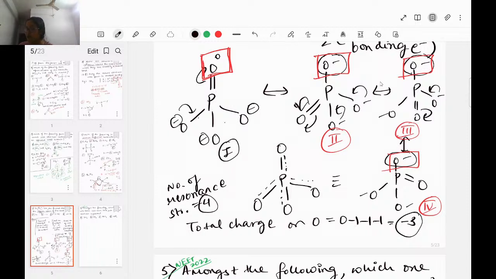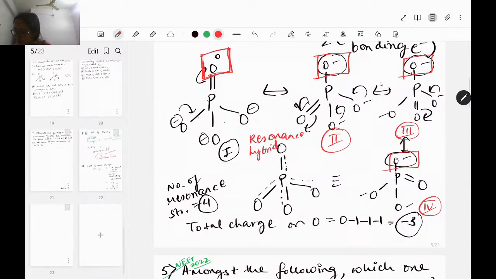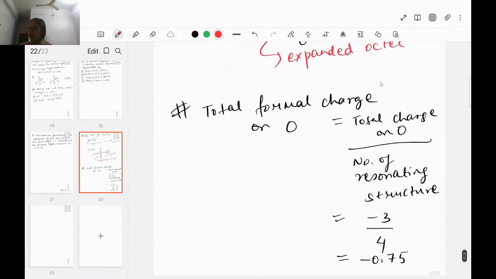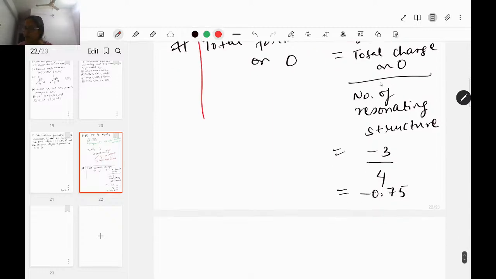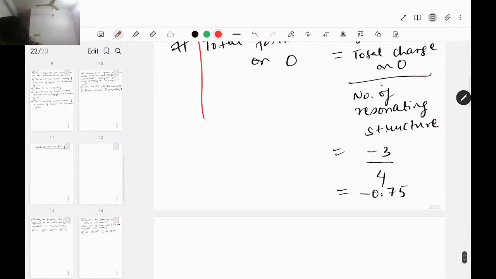Because the actual structure of phosphate is this resonance hybrid. The resonance hybrid is always the actual structure of any molecule. So in the resonance hybrid, how do we find out the charge? By this formula, which I wrote down right now. This is the actual formula. I guess it is understood, and I'm moving on to the next question.